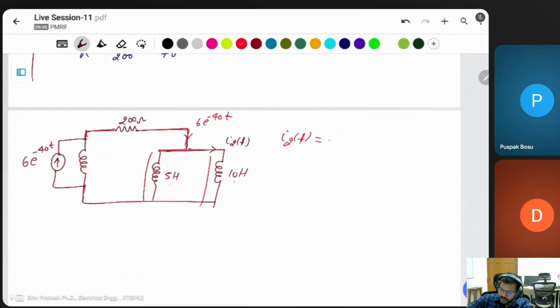Then we have to apply the opposite one: first of all the total current is 6 e to power of minus 40t, into the opposite inductor 5 divided by total 5 plus 10. 5 3s are 15, 3 2s are 6. Then I2 is equal to 2 e to power of minus 40t, which is the answer of this question.